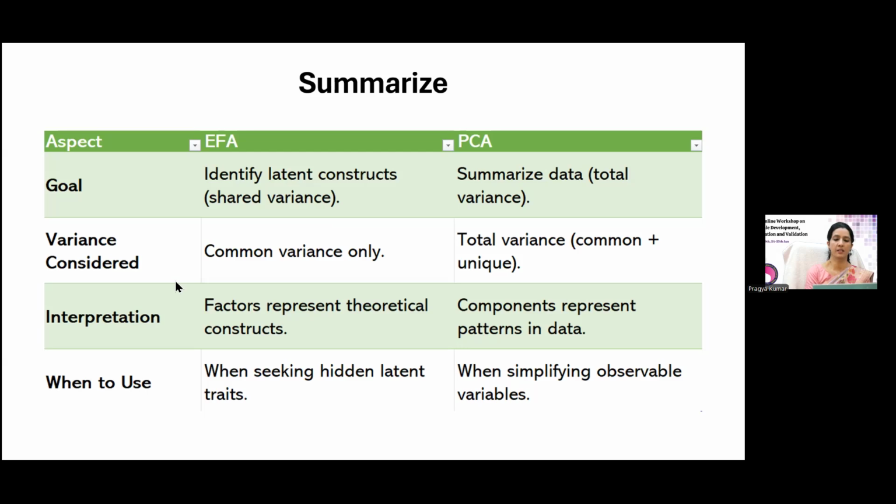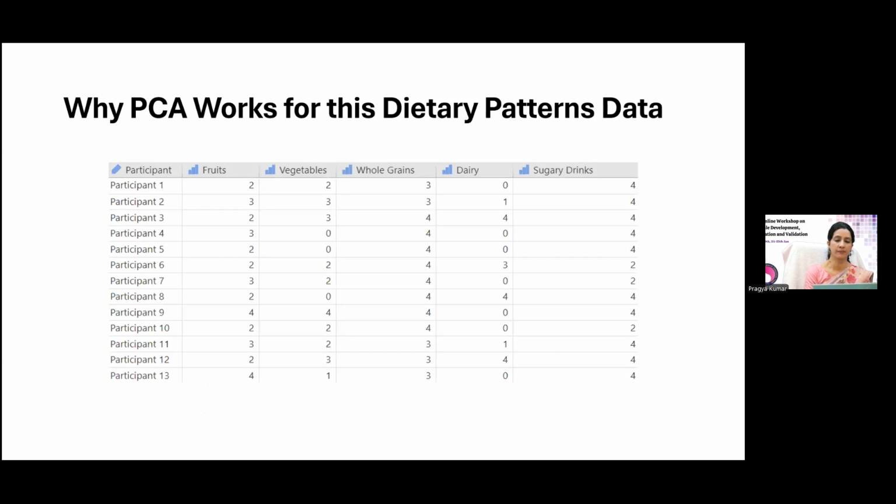In EFA the interpretation is theoretical constructs; in PCA they are just components which represent a pattern. When I have to identify some hidden latent trait, I use EFA. When I'm just simplifying my observable variables, I use PCA.